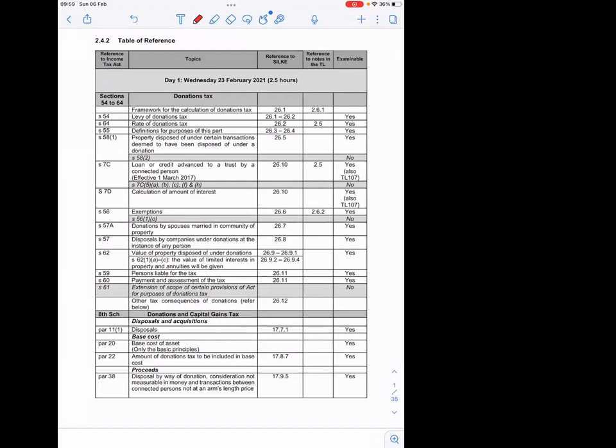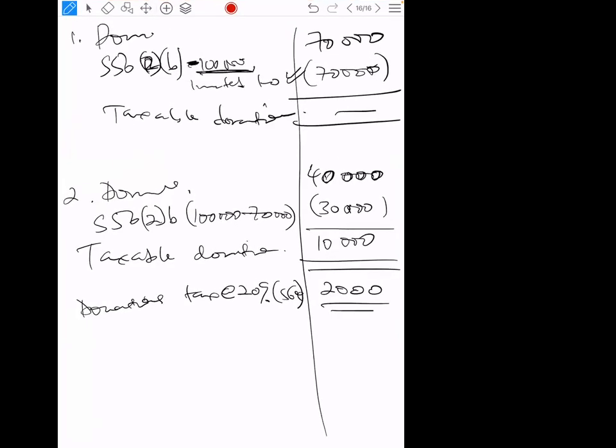Right. So 57, disposal by companies under donation at the instance of a natural person. That one is key. So what that means, good people, is donations by companies at the instance of a natural person. Now, what does this mean? You've got the CEO there, or any natural person.